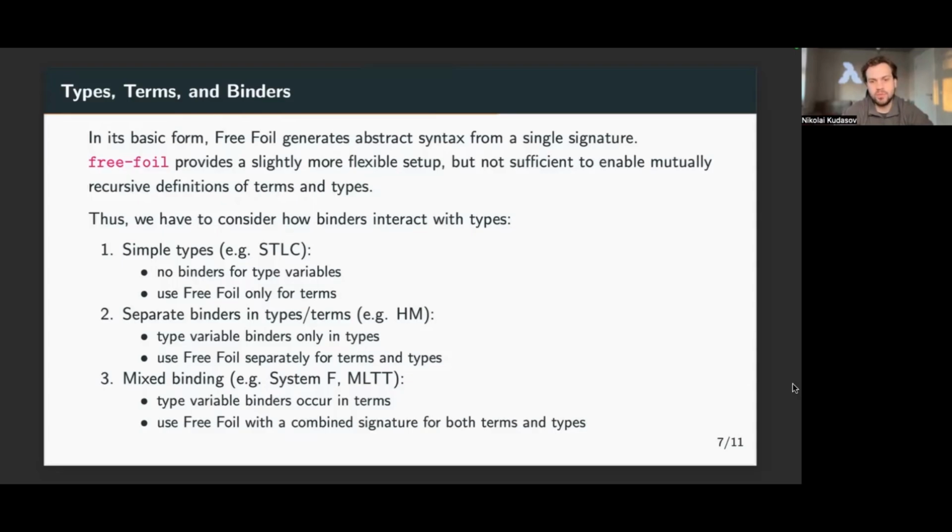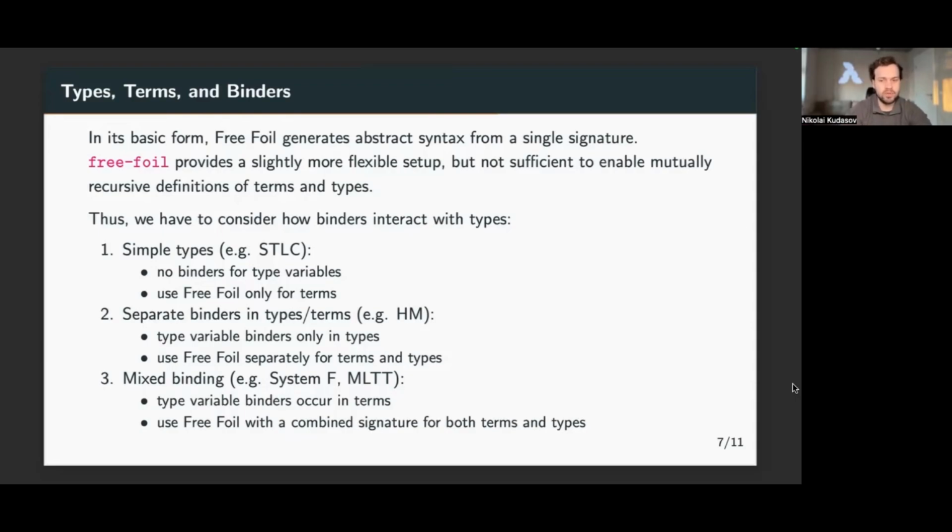However, if we do have binders for type variables, but they are separated, so we have binders in terms that bind variables for values, and we have binders in types that bind variables for types, then we can just use FreeFoil on the two definitions separately. Now, if terms and types mix, then instead of applying FreeFoil, which will not work in this case, we are combining the syntax of both into a unified syntax.